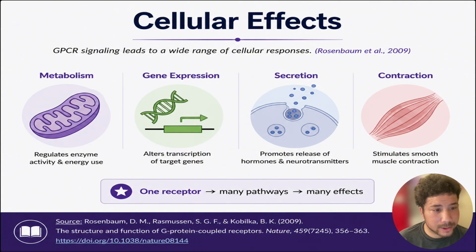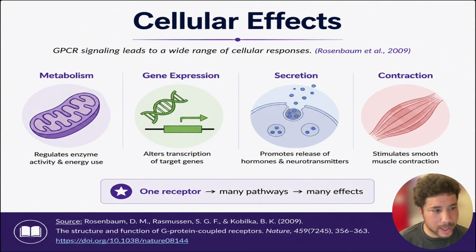And so, second, GPCR signaling alters gene expression, where protein kinases activated by second messengers can enter the nucleus or phosphorylate transcription factors.